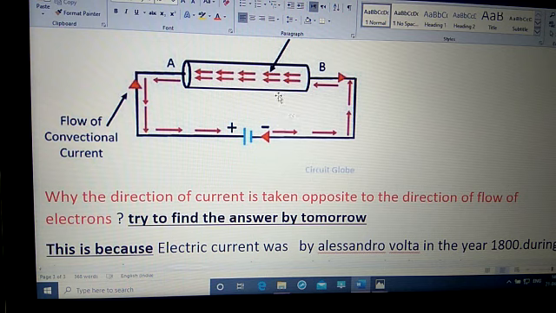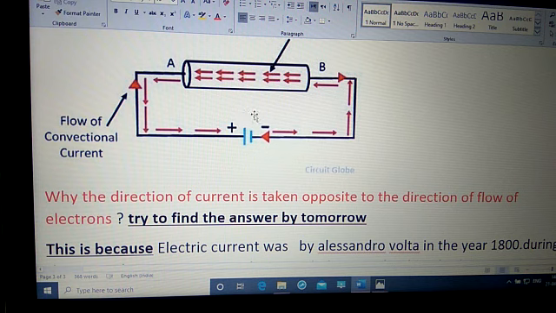By 1897, thousands of books were printed. In those books, the fact, that is the direction of electric current in the circuit, was printed from the positive terminal of the battery to the negative terminal.